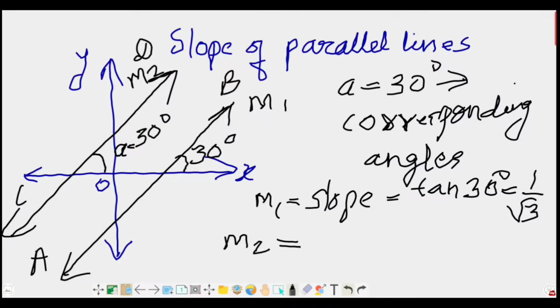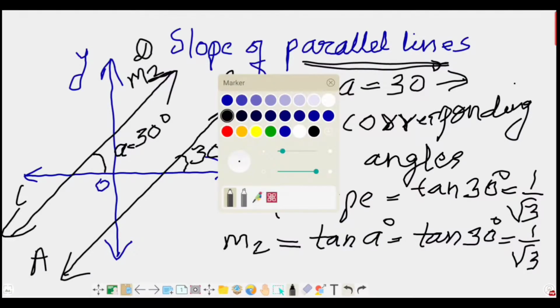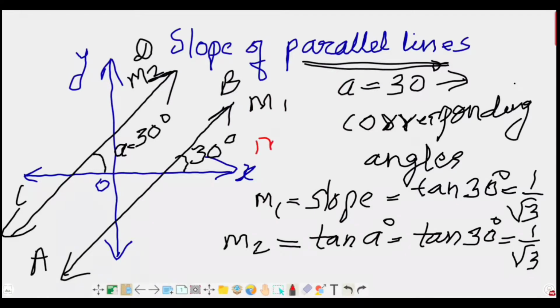So that will be equal to tan a degrees. And a we have already calculated, it is 30 degrees. So it is also 1 by root 3. So what we have concluded, students, is that if two lines are parallel to each other, their slope is always the same. So your m1 is equal to m2. So this thing you have to keep in mind.